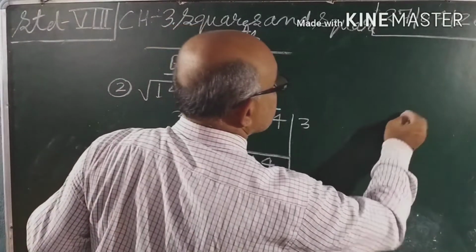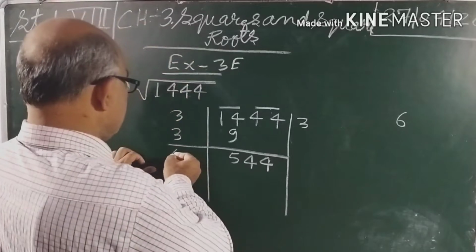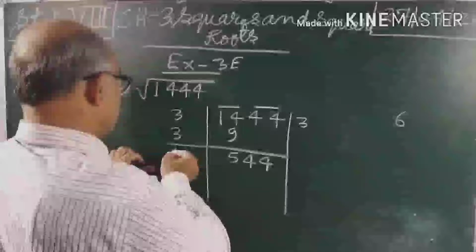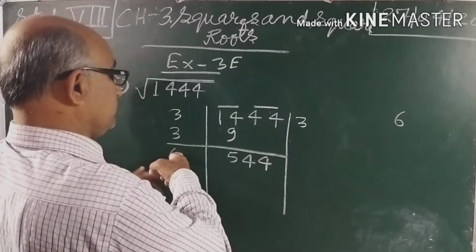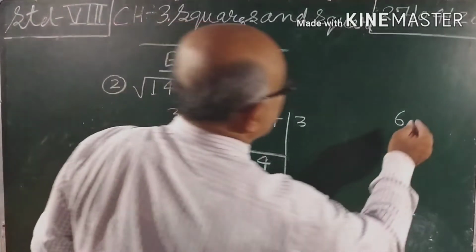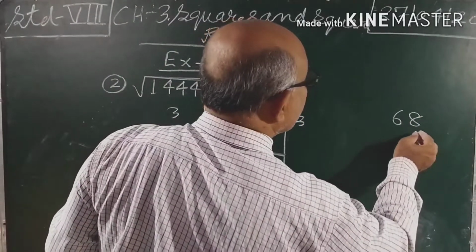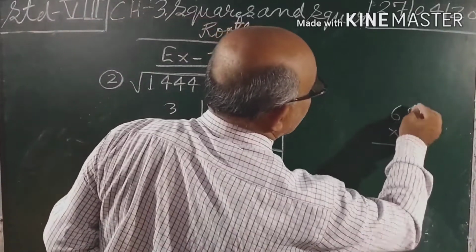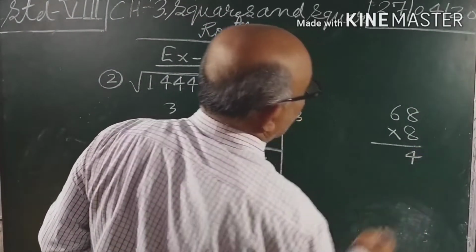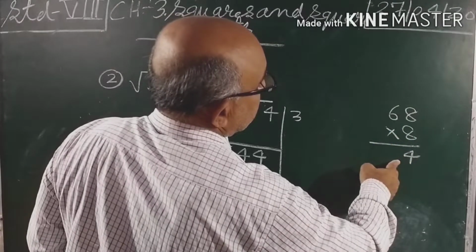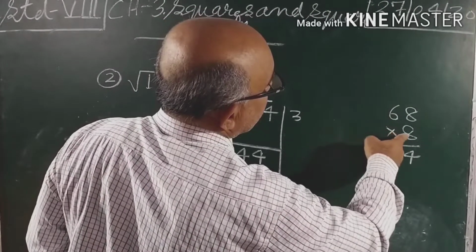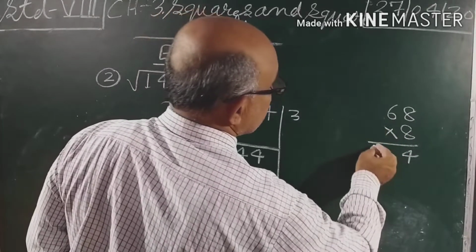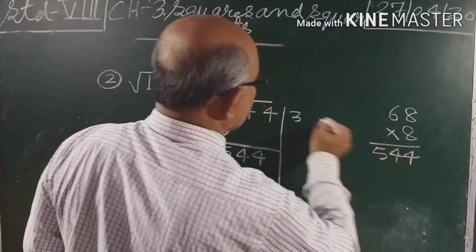Now check it: 6 and what is 4? 8 times. 8 8 is 64, 4 here. Carry 6. 6 8 is 48, 48 plus 6 is 54. So 8 times.